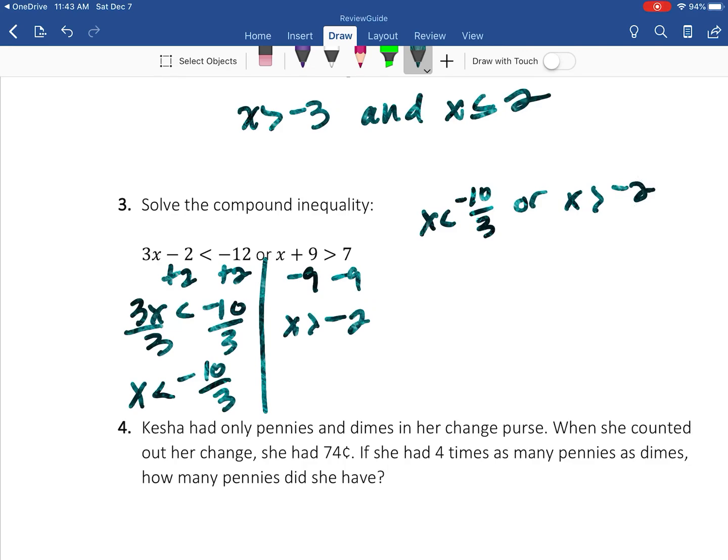So let's see, is negative 10 thirds larger or smaller than negative 2? Negative 10 thirds becomes negative 3.3, and that's negative 0.3 away from negative 3, so that means it's smaller. So if I were to put this on a number line, negative 10 thirds would be here and negative 2 would be here, okay?